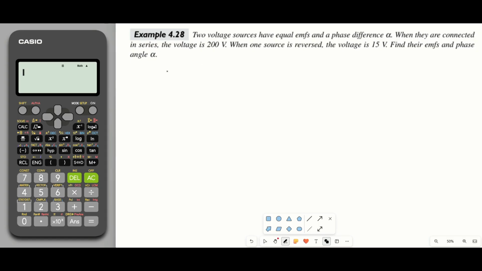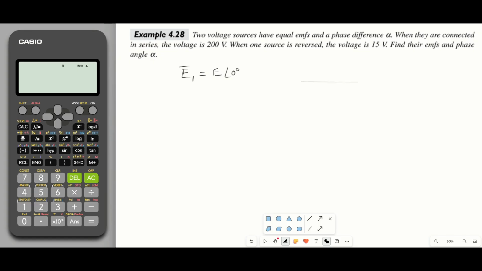So to do this, first, as mentioned in the question, consider the first EMF, suppose E1, which is given as E angle 0 degree.